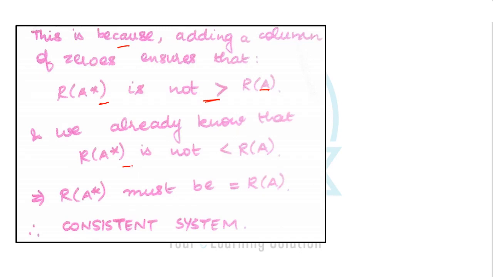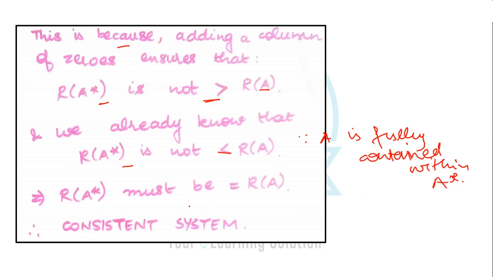And we already know that rank of A star is not less than rank of A because A is fully contained within A star. This was something that was already true, which implies that rank of A star must be equal to the rank of A, which implies a consistent system.